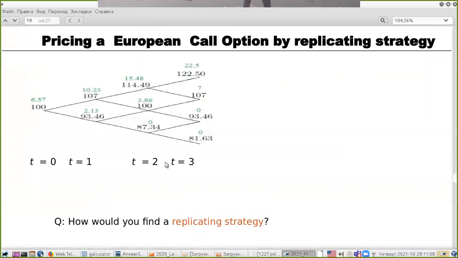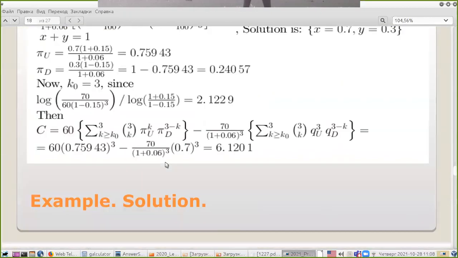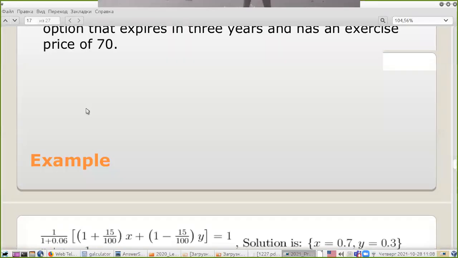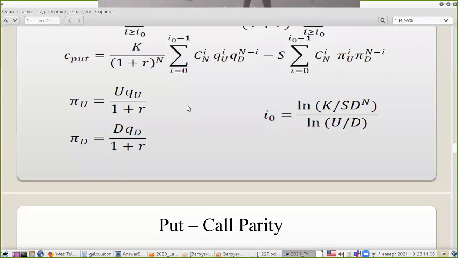Can you explain why we take the logarithm to find this? This logarithm, yes? Because we use this formula, the logarithm of this divided by the logarithm of this.